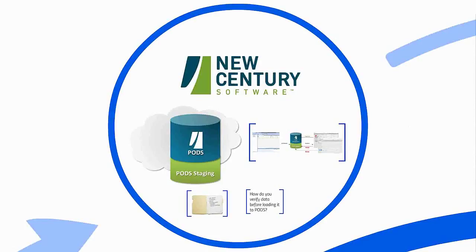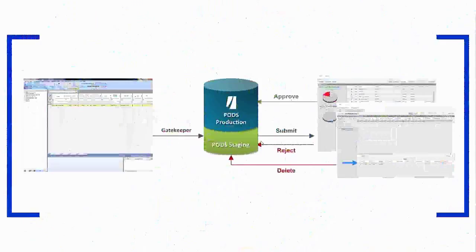So everything's mapped from the CartoPac database into the appropriate tables and pods. And once it's loaded, it's going to be put into a staging database. It's a staged environment that lets you upload these records into the pods database and gives you an opportunity to approve or reject them before it goes into your production database.